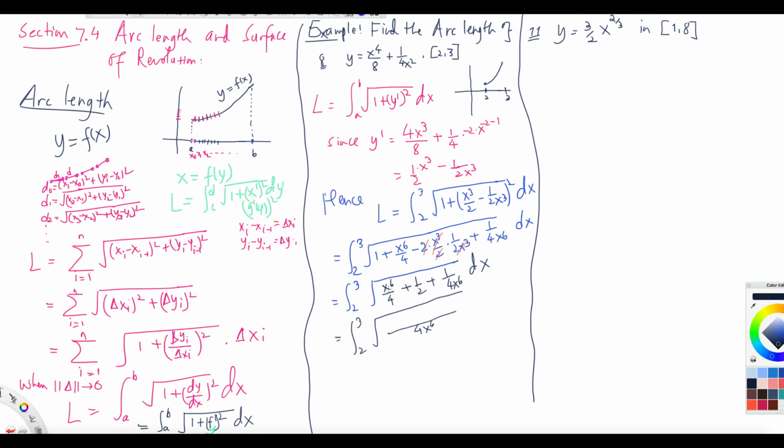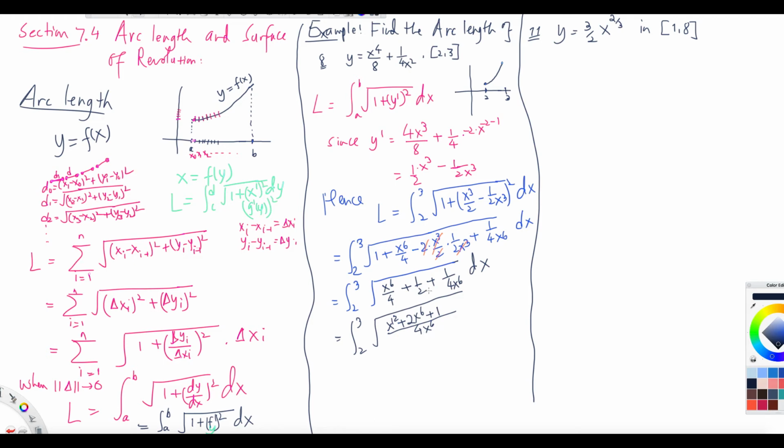How does that look? 4x to the 6 and then times x to the 6, because 4 divided by 4, and x to the 6 times x to the 6 gives x to the 12, plus 2x to the 6 plus 1. That's what you will get.